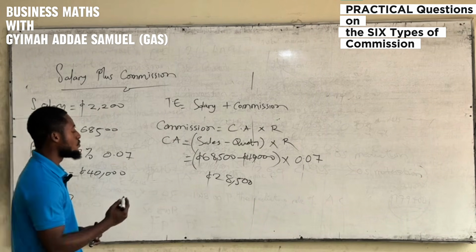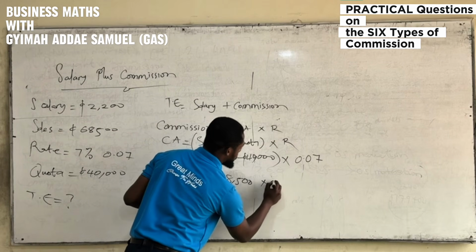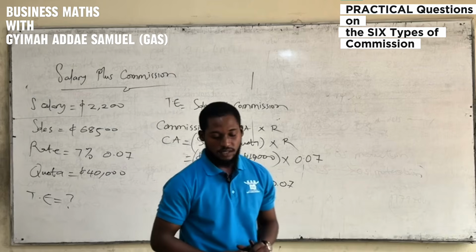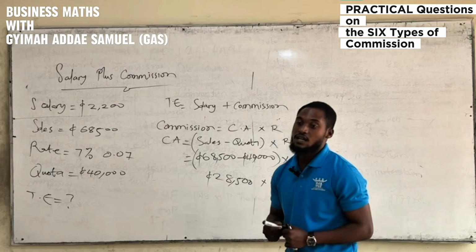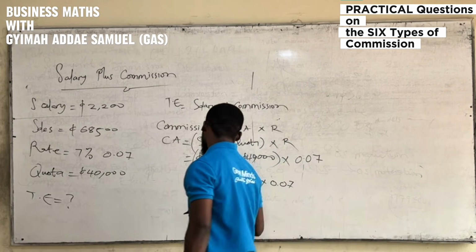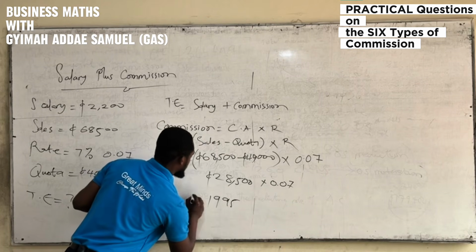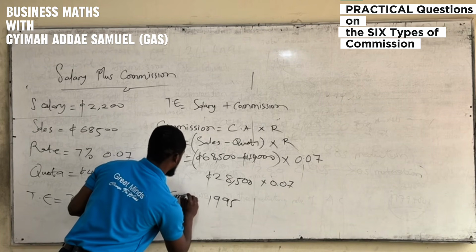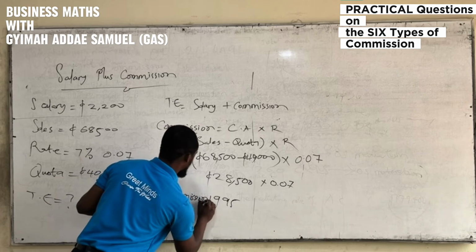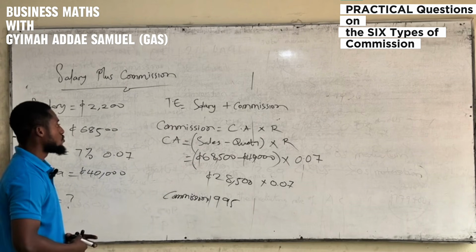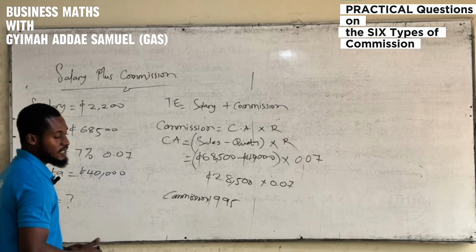We then multiply it by our commission rate, which is 0.07, and it gives us 1,995 Ghana cedis as commission.